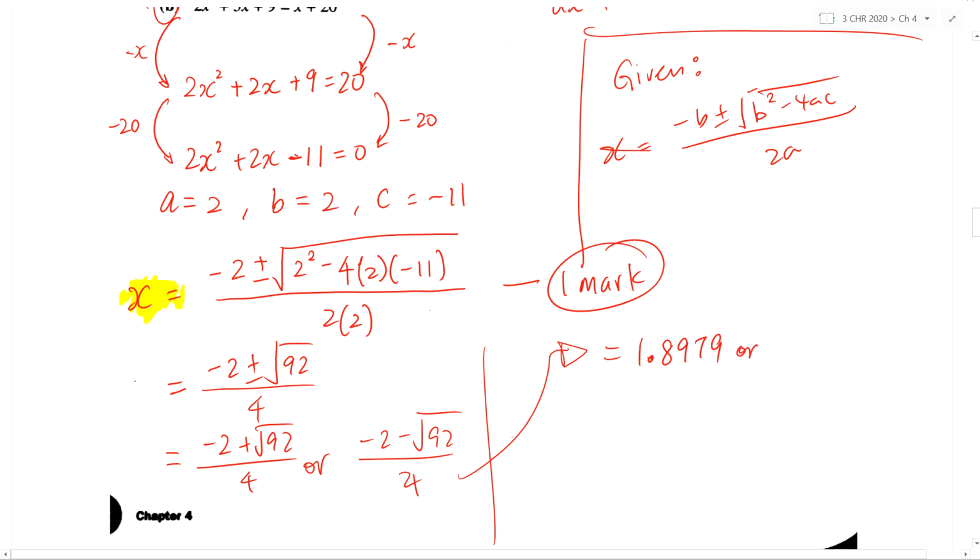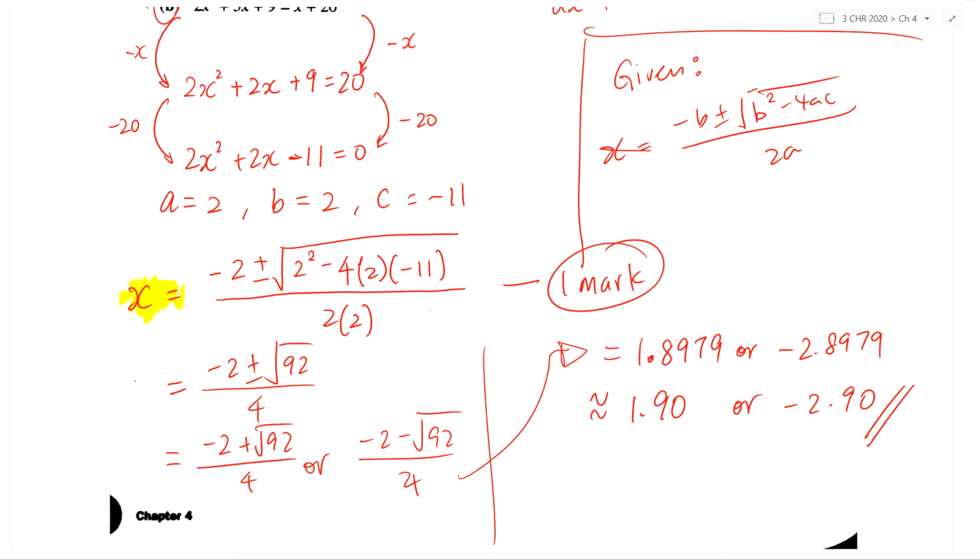The other answer, change the plus to become a minus. To 3SF, 1.90. Okay, 2 answers over here.